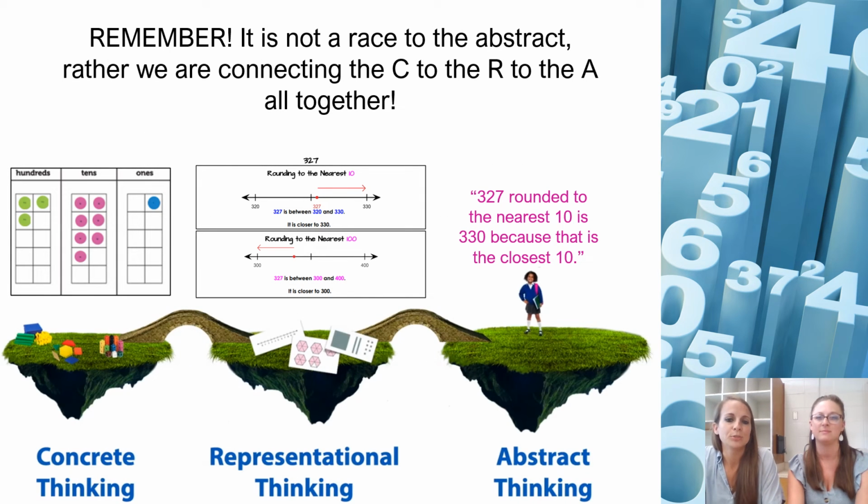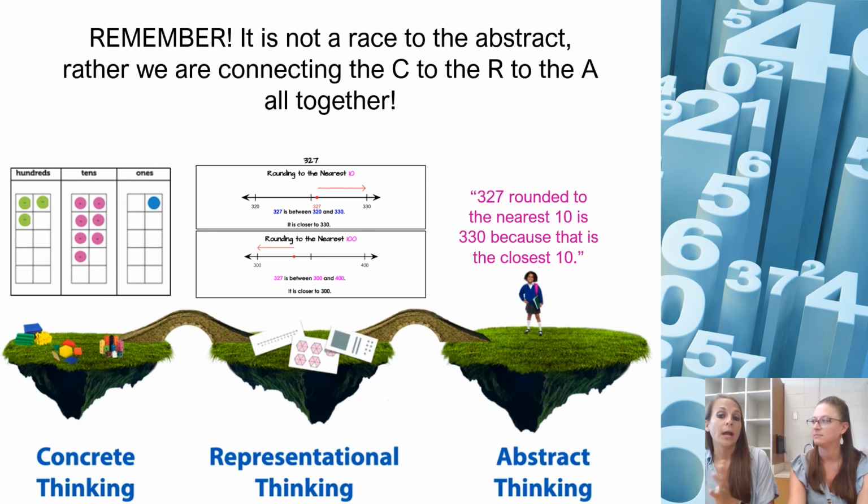To summarize some strategies and models that we've been working with for concrete, we could use those place value charts, and we could go back to using place value discs or any kind of manipulative that we can represent the number. We can use more representational thinking with our number lines, labeling those endpoints and midpoint, and finding where a number lies on that number line.